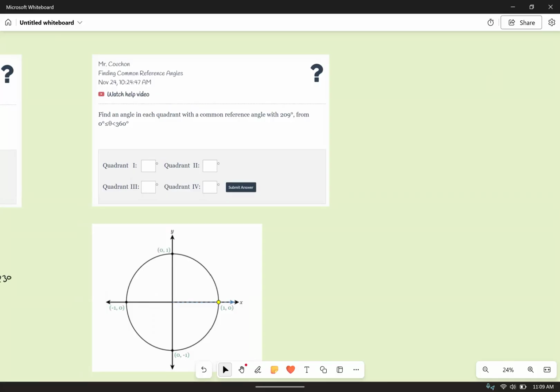Okay, you're unpausing me, so hopefully you went ahead and did this one. So 209, that would put you in quadrant 3, which would probably be right about there. And then this, of course, is 180, 209. So you're going from here to here.